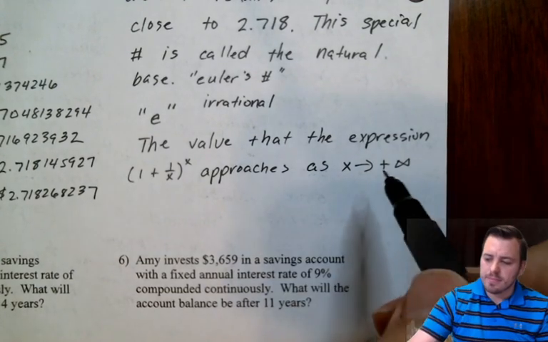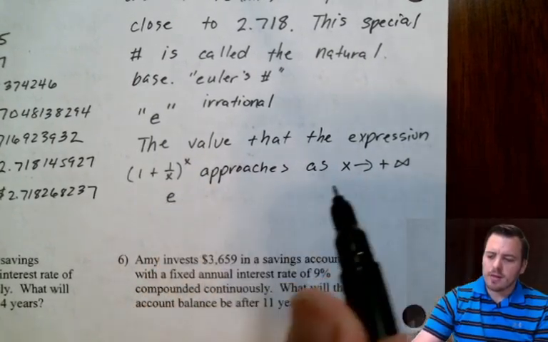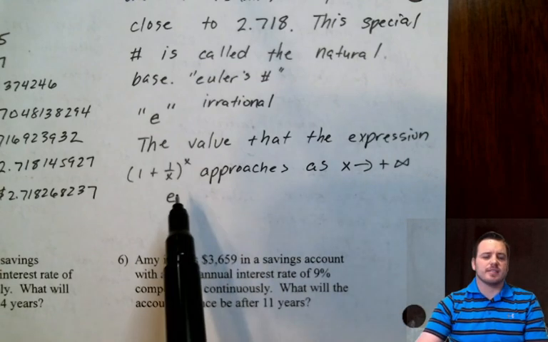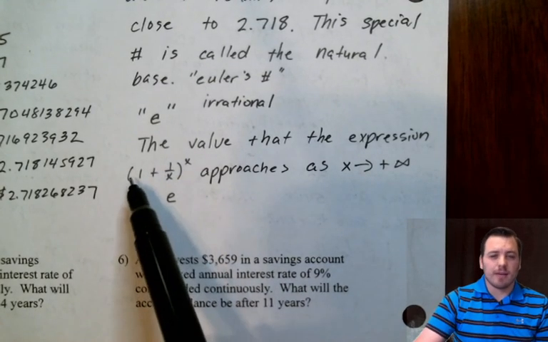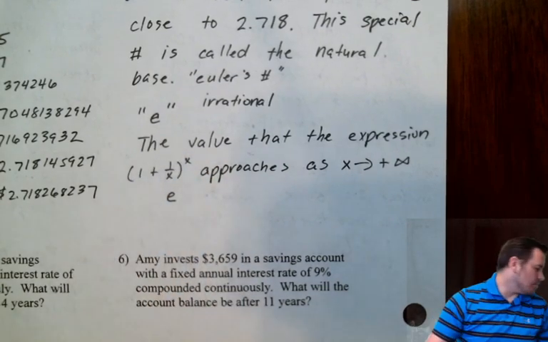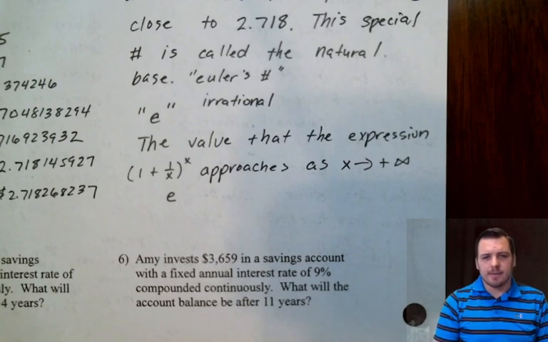So e is that value. The value that this expression approaches as x approaches infinity is e. So this is almost like one of those basic functions, and you'll see more about that in the days to come.